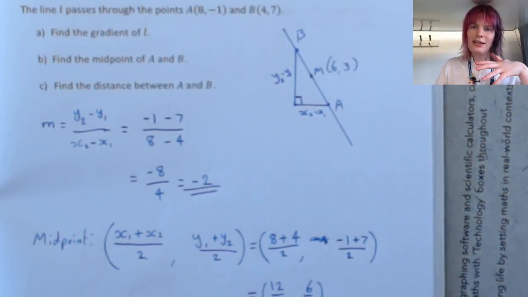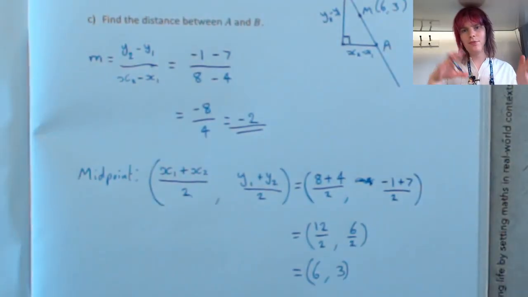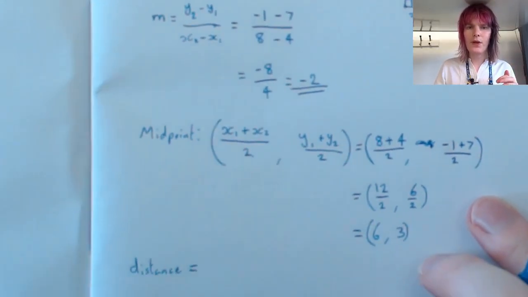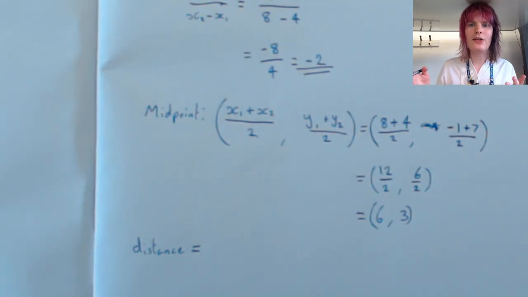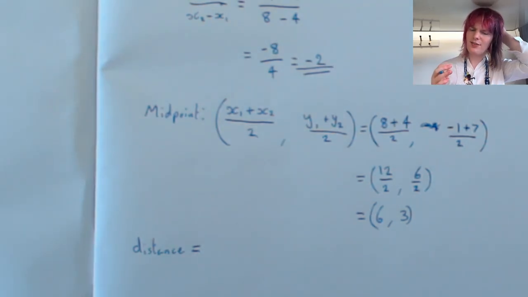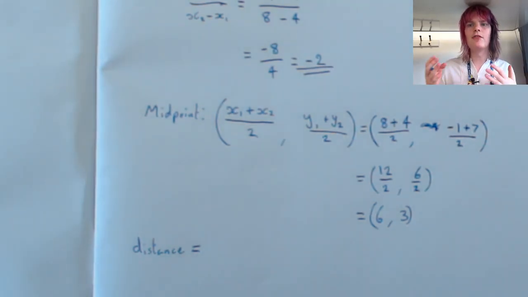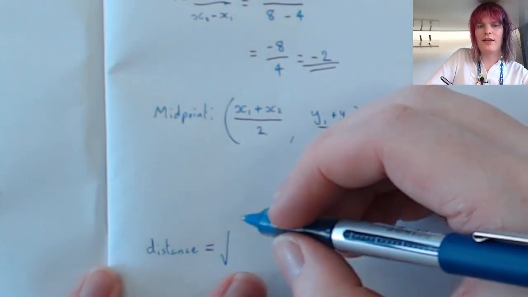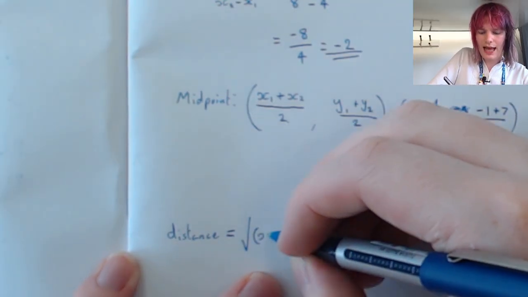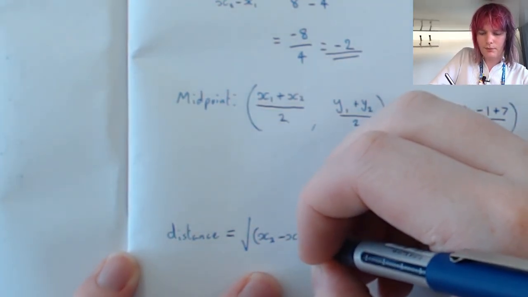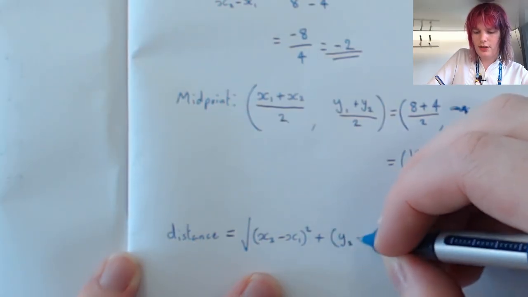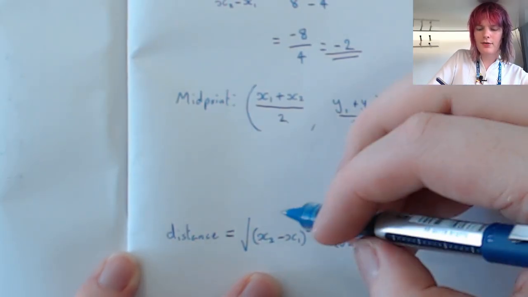Now, you would think with the minus sign that you have to be careful again with the order you do them. Again, we'll keep doing it carefully, but in this case, it doesn't really matter as we're going to be squaring that distance anyway. So our formula that we had was we're going to take the square root of x2 take x1 squared plus y2 take y1 squared.